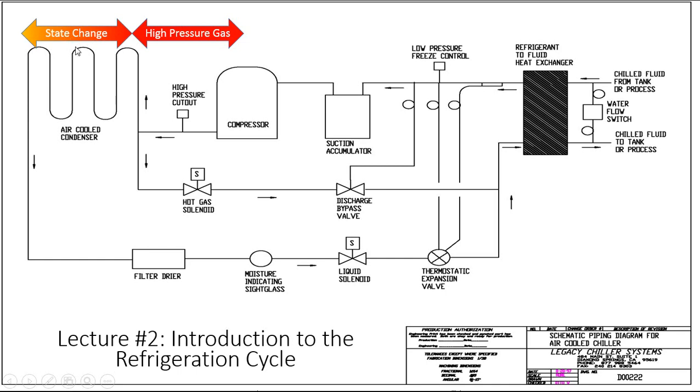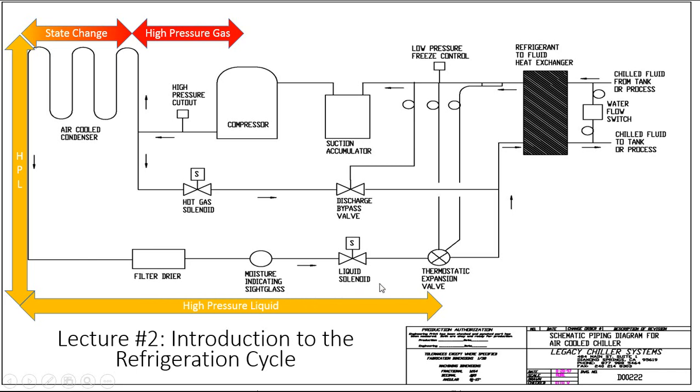It goes in as a high pressure gas, and by the time the refrigerant comes out after the heat's been removed, it actually turns into a high pressure liquid, what I'm calling here HPL. That liquid, once it's formed, comes all the way back here, solid liquid, and makes its way up to our expansion valve or metering device.